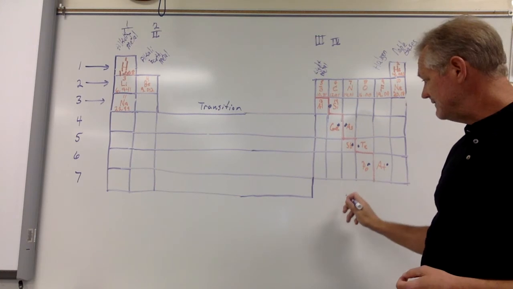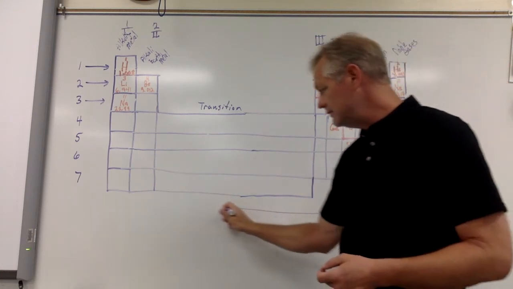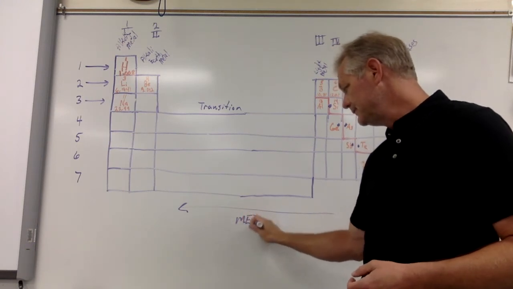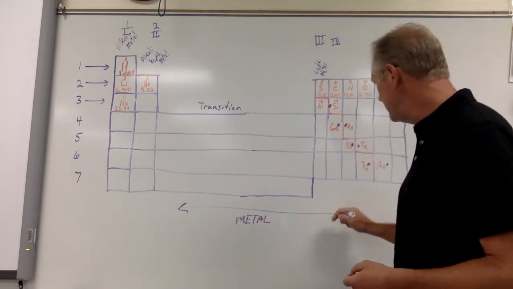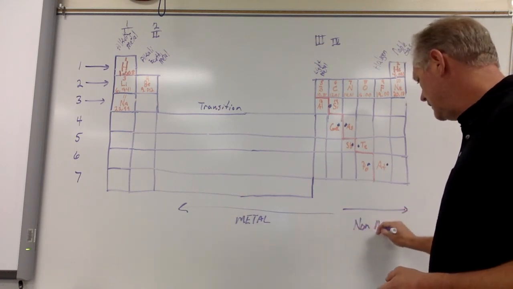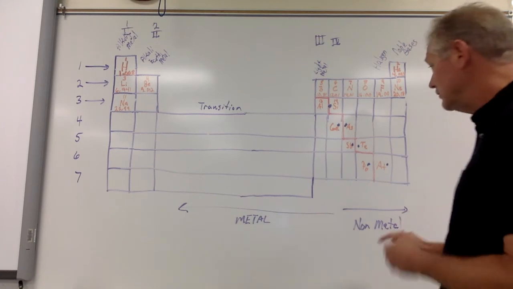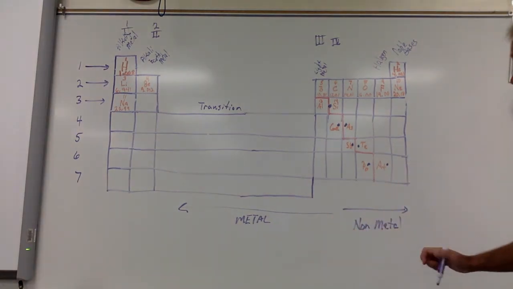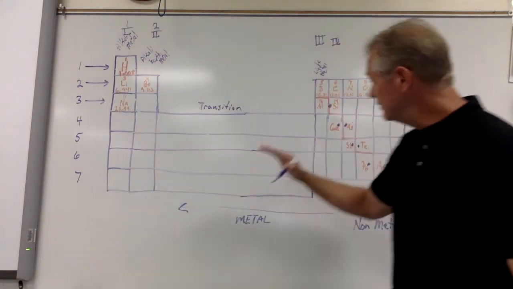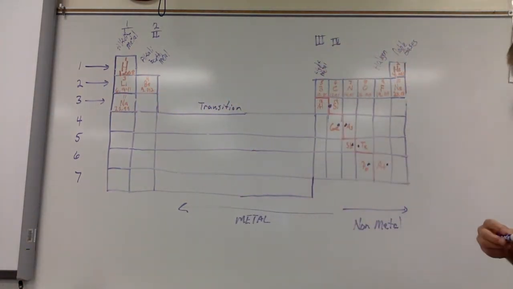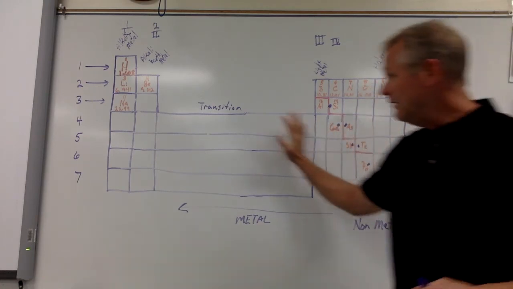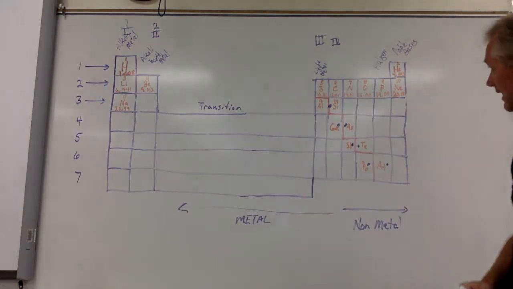What that does is that divides the periodic table into the left side, which are going to be the metals, and the right side, which are the non-metals. So anything that's over on this side are considered metals, and this side non-metals. You can definitely see a lot fewer non-metals, a lot more metals on the periodic table.